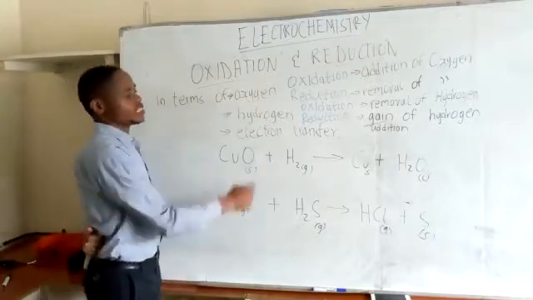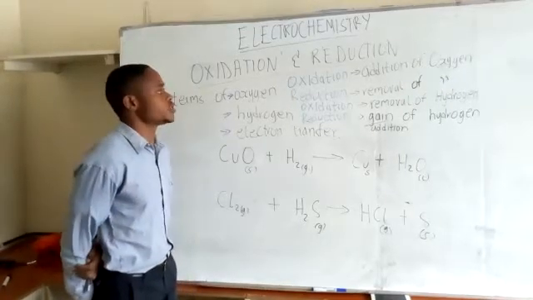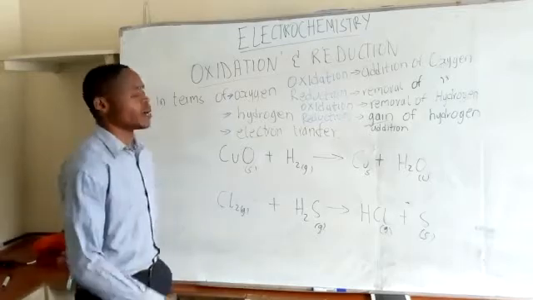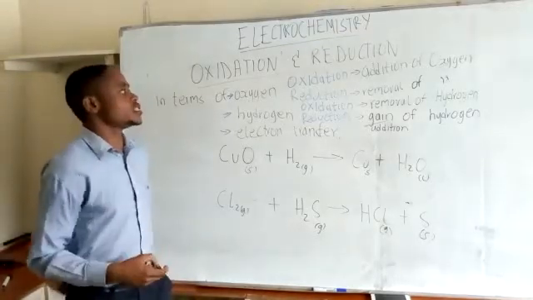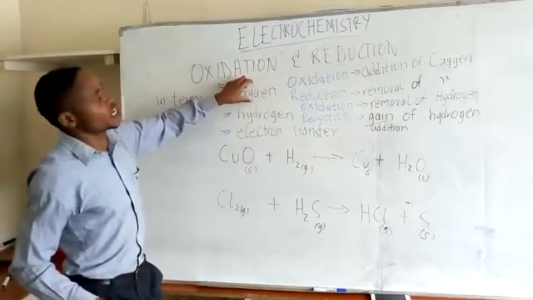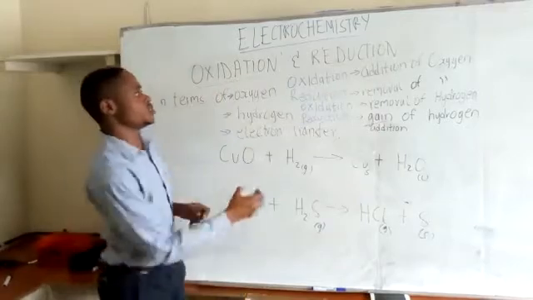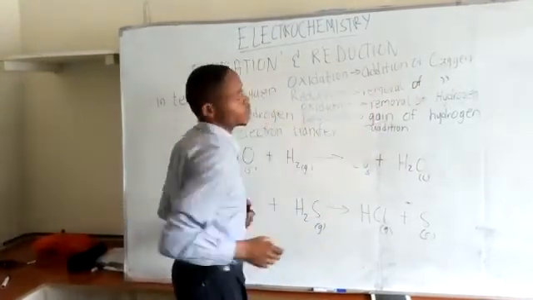First, in terms of oxygen, you looked at that maybe in your Form 1 work, whereby when you add oxygen to a compound, you say you've oxidized it. So based on oxygen, oxidation is addition of oxygen, and the opposite is true. Reduction, therefore, is removal of oxygen from a substance.